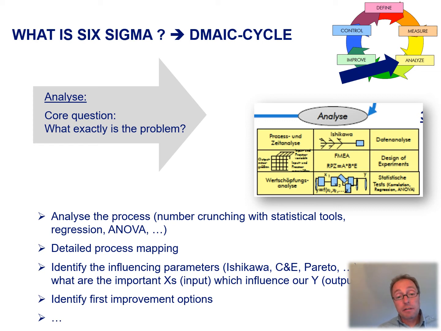The next is the analyze phase. The core question here is, what exactly is the problem? It's a little bit deeper. Now we had a similar question already at the beginning in the define phase, but here we go a little bit deeper to analyze in detail what exactly is the problem.